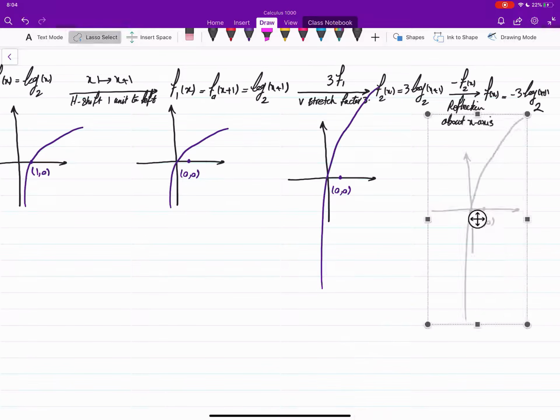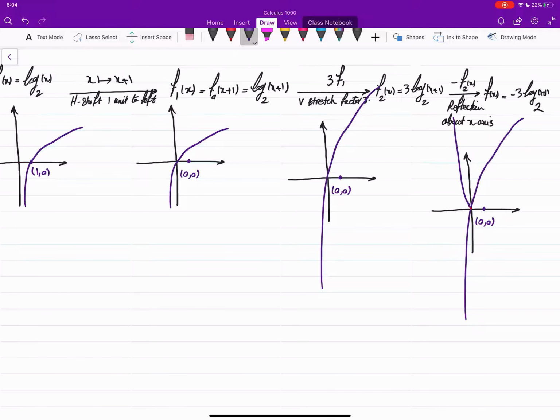Unfortunately I cannot apply the same trick here, but I will do the reflection here with a different line. I'll try to do my best. So it is going like that and like this. This is basically what we have for this function.